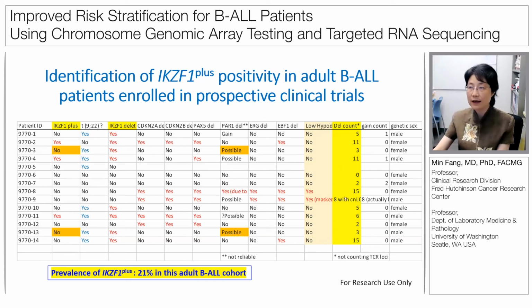I also want to draw your attention to some of the low hypodiploidy patients. All these patients showed a much higher number of deletions in their genomic profile than gains, which is very consistent with the genomic profile of B-ALL patients.